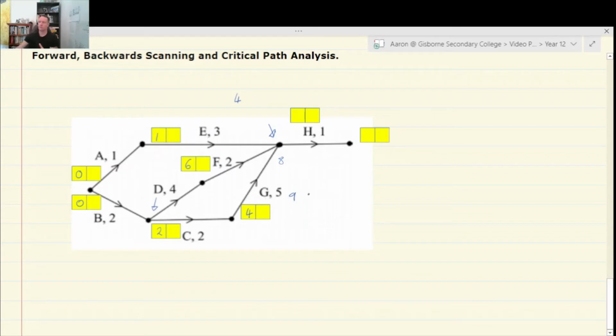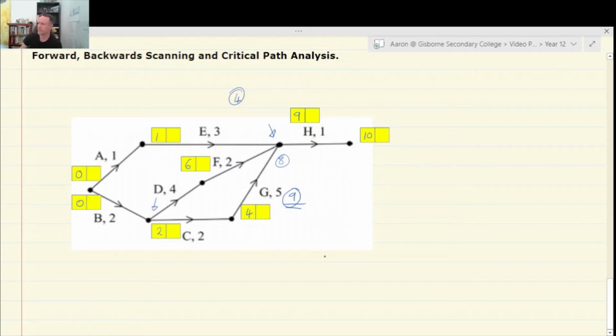From that, hopefully we can see that we have to choose the largest number when we're forward scanning. Anything prior to 9 hours, G isn't finished. E and F are, but H can't start until all of them are completed. So we use the largest value when we're forward scanning. There's our 9. So H starts after 9 hours, regardless of the fact that E and F are done. And then H is completed after 1 hour, so the finish time is 10 hours.